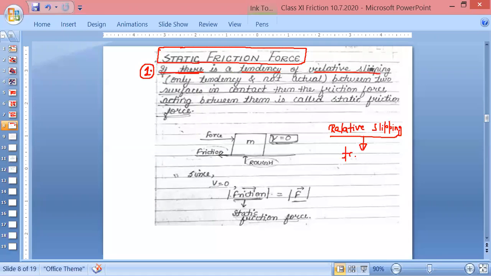I'm not saying that the block is moved. The block has a tendency to move.